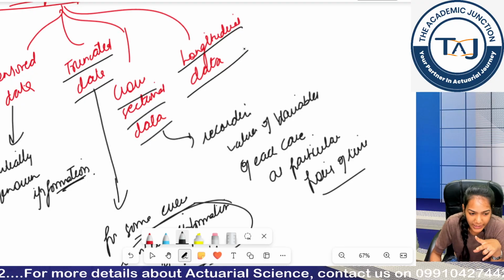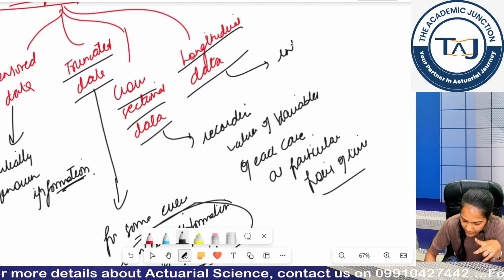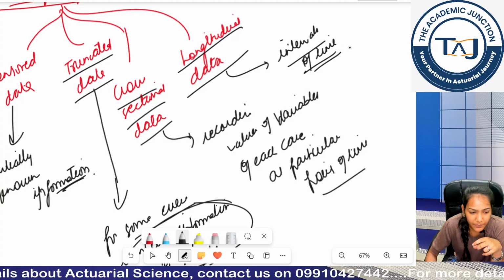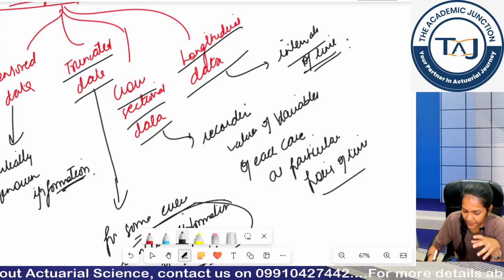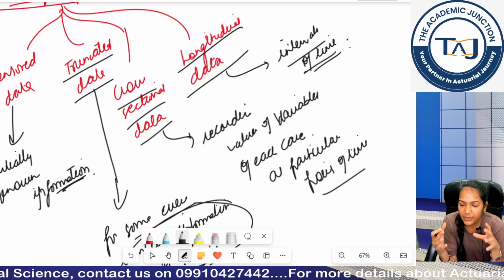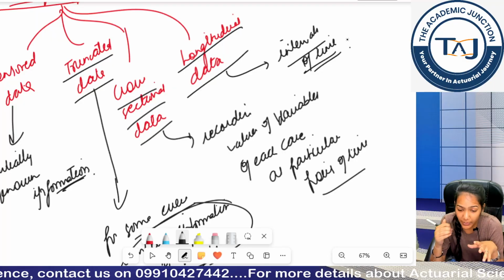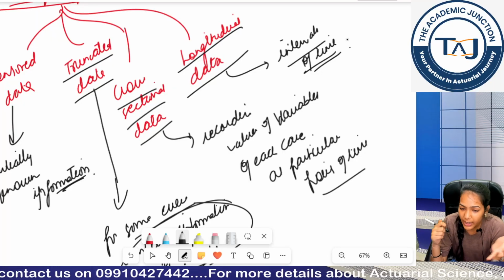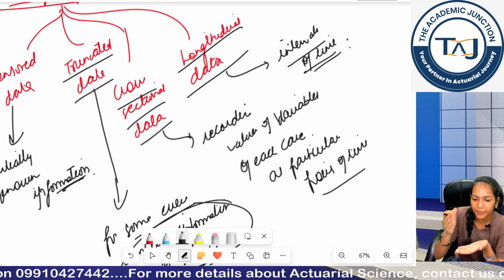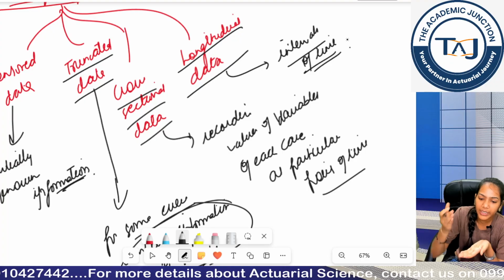And if I talk about longitudinal data, this means dividing the data into intervals of time. For example, taking the previous example, rather than choosing people that come into the market, whether they carry the loyalty card or not, I divide my time into 3 parts: start of the day, middle of the day, and end of the day.